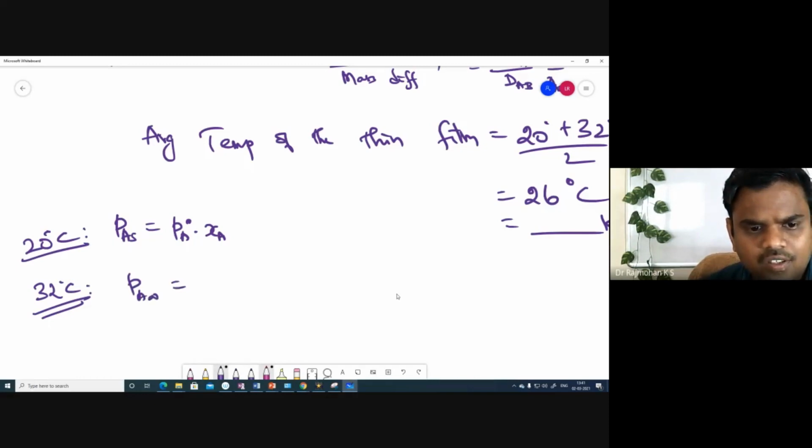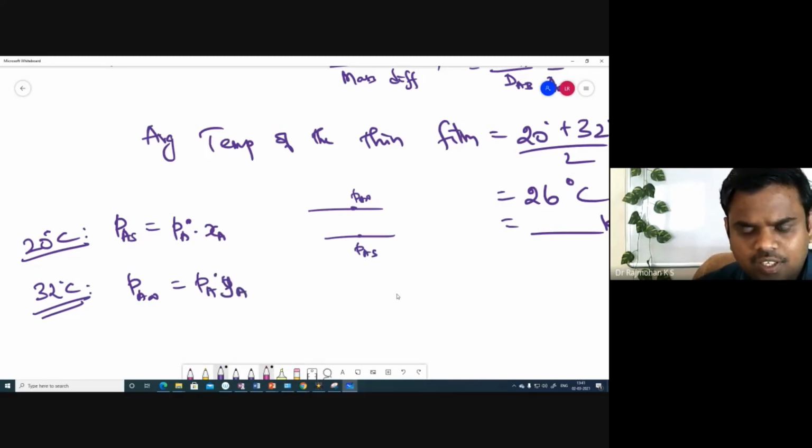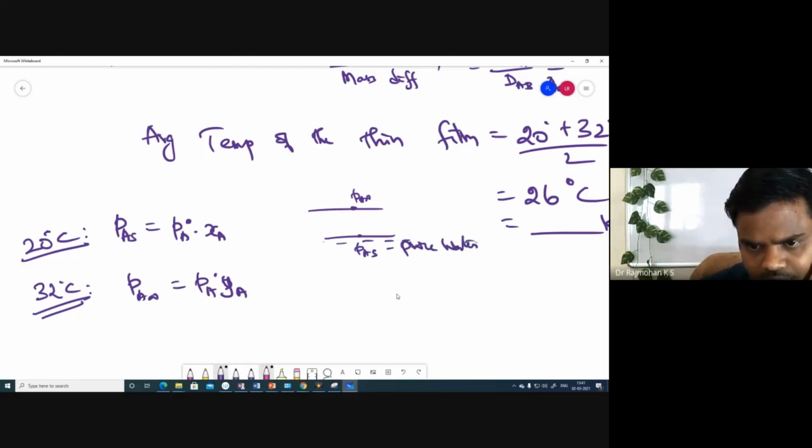Across the two films, at one end we have PA infinity, and at the other we have PA at the surface. For XA, it is a pure liquid surface, so we have pure water. So the mole fraction XA is 1, and we have PA equal to PA naught.